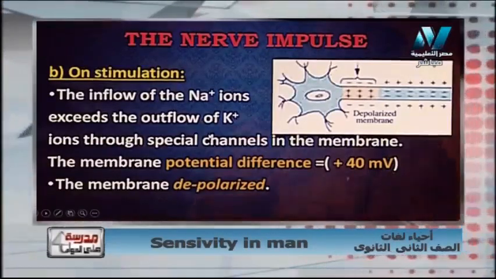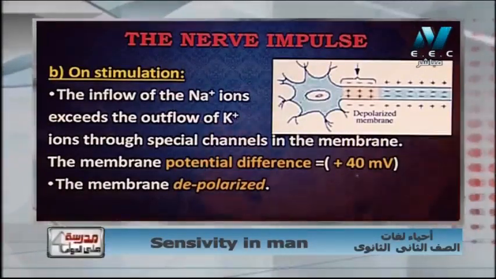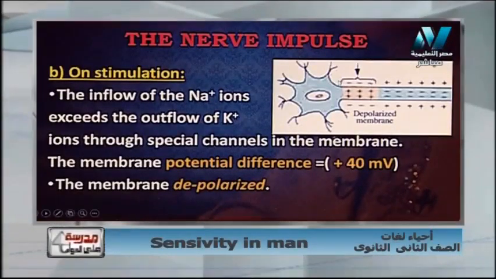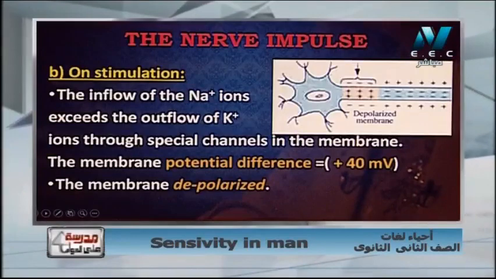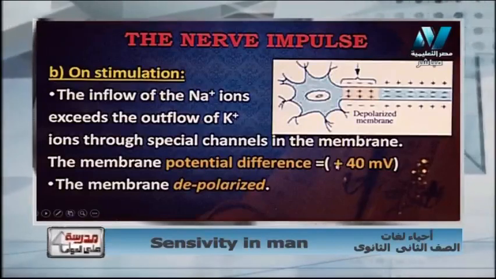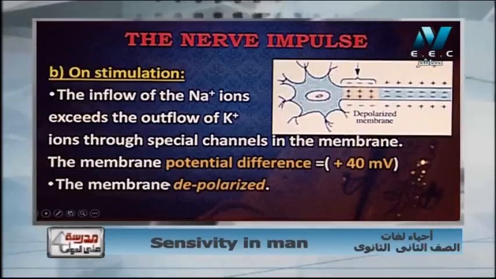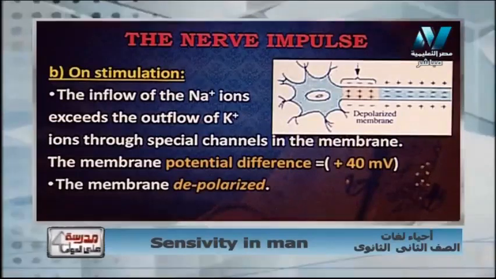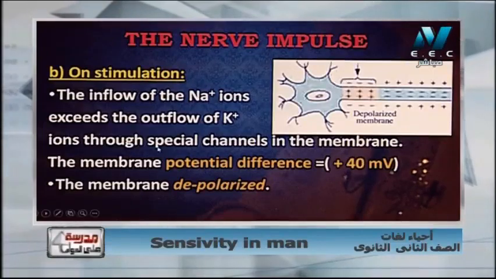So the channels or the doors are opened now, and the ions are mixed outside and inside. So we notice that the negative charges are outside and the positive ones are inside. In this case, the membrane potential difference equals positive 40 millivolts, and the membrane in this case is said to be depolarized. So it is polarized in the normal, rest state, but it is depolarized on or during stimulation.